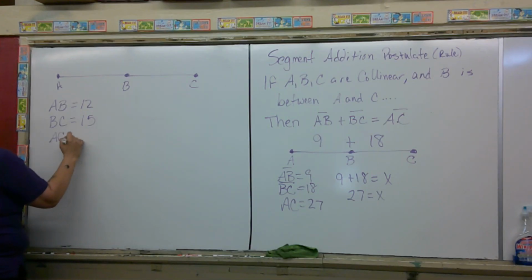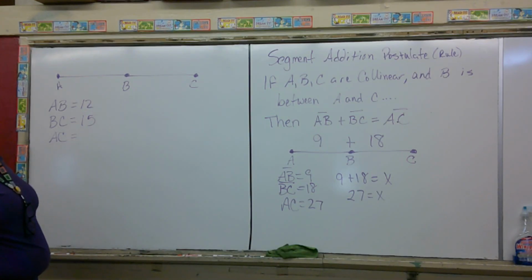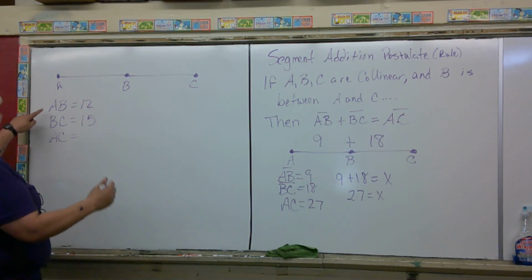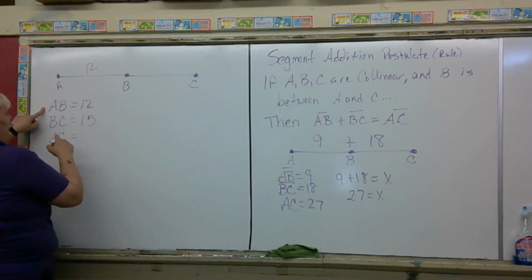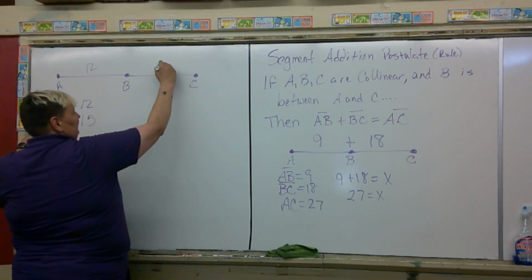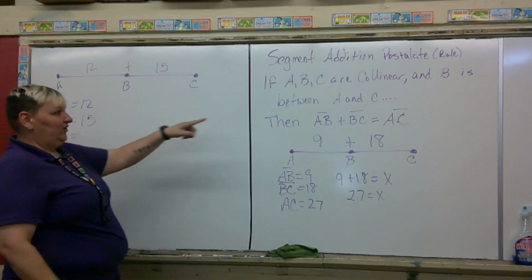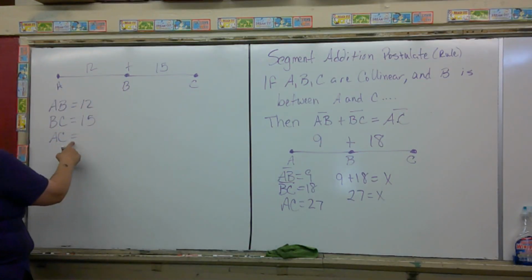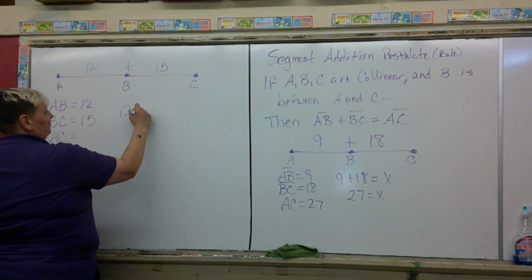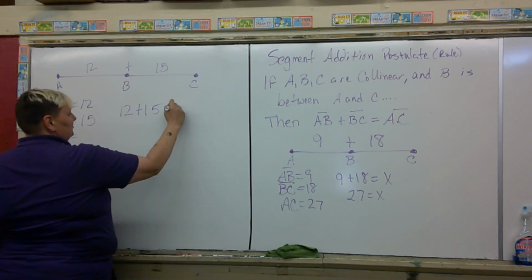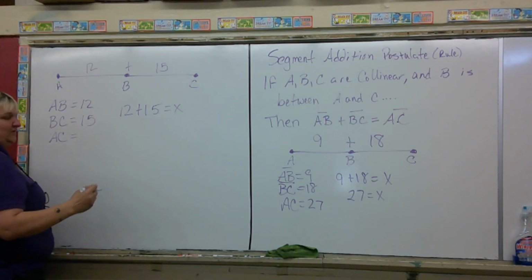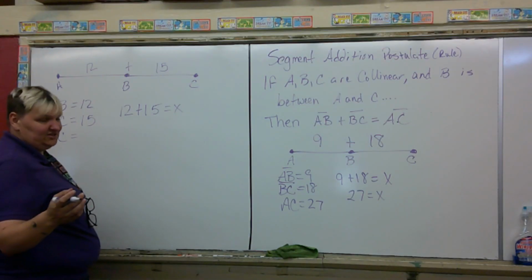What is AC? You should be able to pause and solve it. Okay, you're unpaused. AB is 12, BC is 15. The equation says we add them together to get the total. So 12 plus 15 equals X, our unknown. Start using the X because when they get more complicated, it's going to be really important.